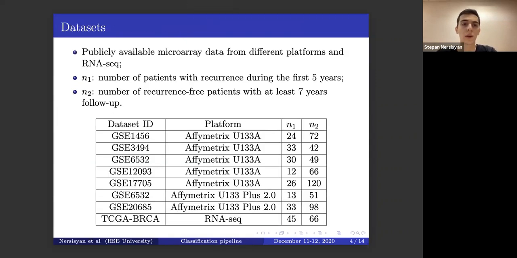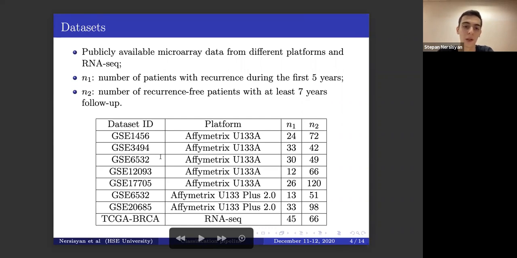So we use several data sets to test our pipeline. They included several microarray data sets from different Affymetrix platforms and RNA sequencing. So here's a table. We use 5 data sets from Affymetrix U133A, 2 data sets from the next generation of Affymetrix arrays, and RNA sequencing data from TCGA BRCA.